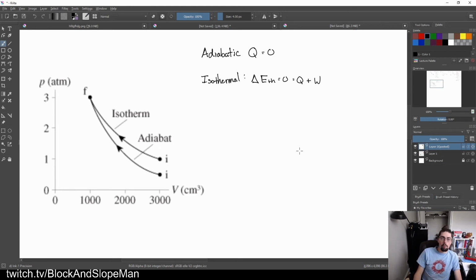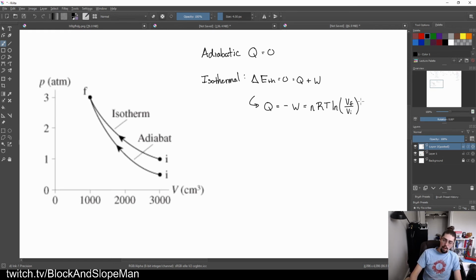There is clearly some work being done. Then what we can also say is, well, Q should be equal to negative W. For an isothermal, we already have this worked out for us. So this is a negative of a negative, so it's going to turn into positive nRT, natural log of VF over VI.